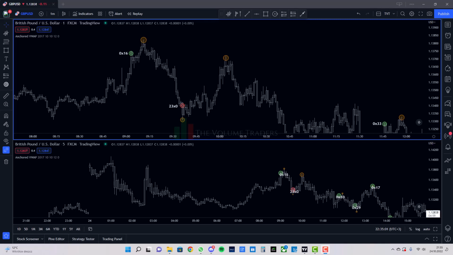But with VWAP I can see more opportunities, using just a wick as taking the liquidity. So this one little thing changed, but only to see more setups.